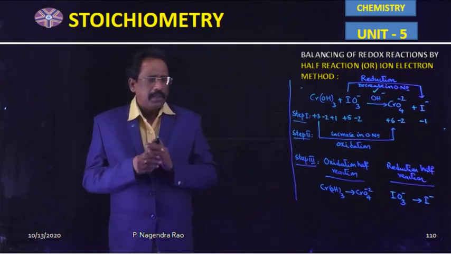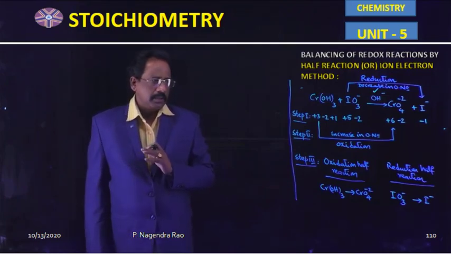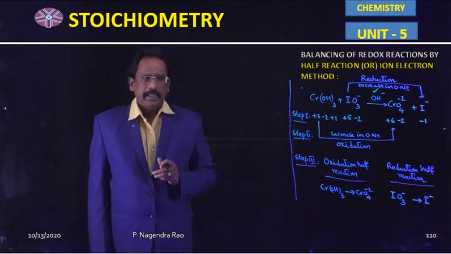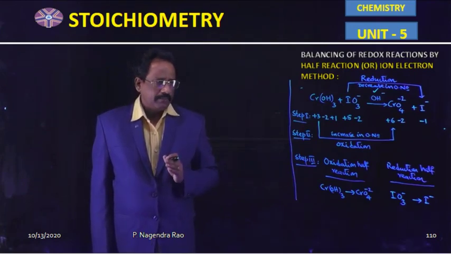So with the help of oxidation number values, in this example, oxidation half reaction is Cr(OH)3 is converted into CrO4 2 minus, IO3 minus is converted into I minus.